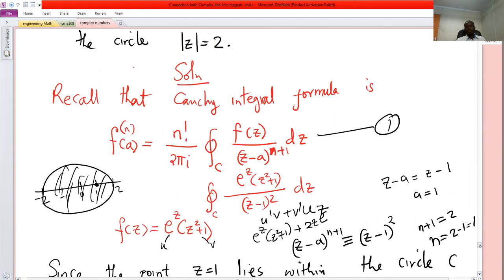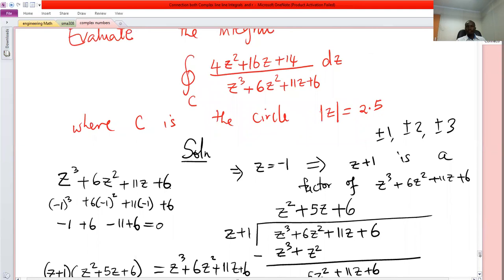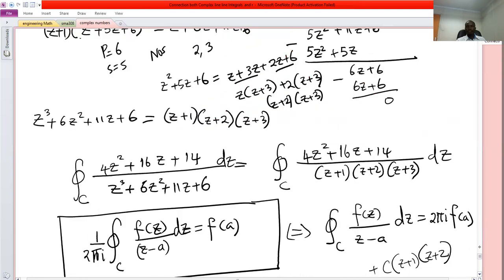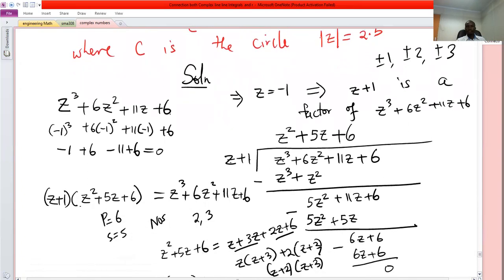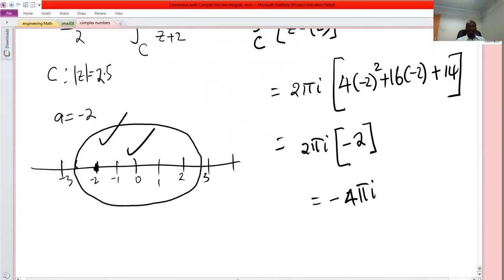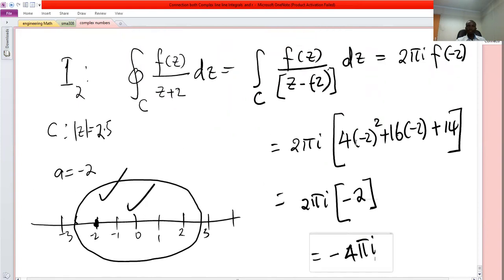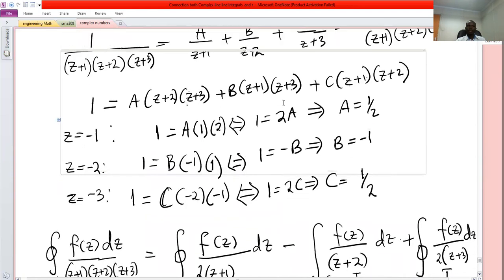Just to confirm the value, when you replace z for minus 2, okay, that's fine.